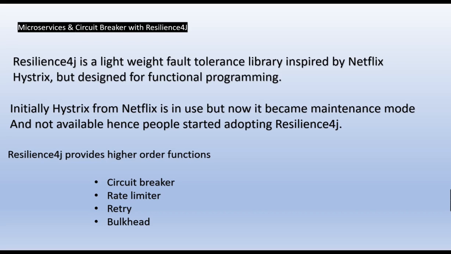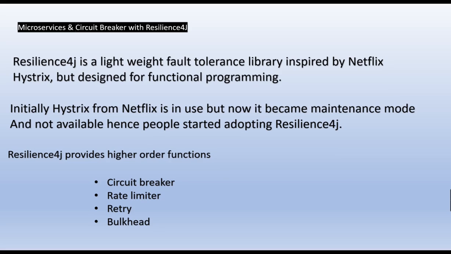Then the alternative is Resilience4J. So all microservices developers adopted Resilience4J because Hystrix is in maintenance mode and Netflix has stopped providing support. That is the reason we adopted Resilience4J.